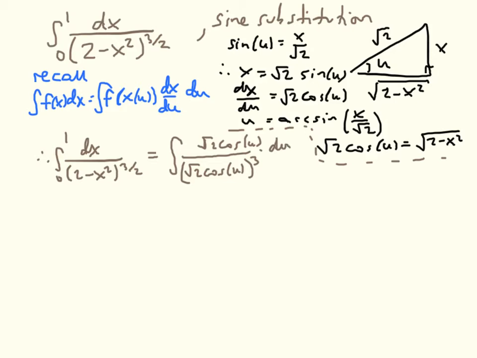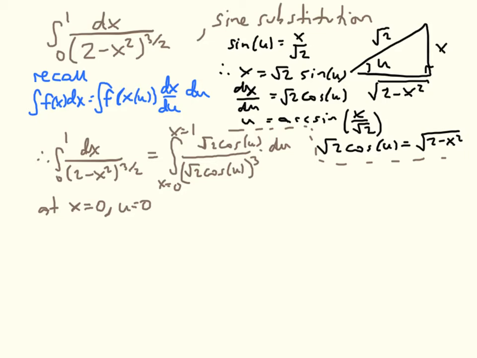Now this is a definite integral, integrating from 0 to 1. So here we're going to be integrating from x is 0 to x is 1. Now at x is 0, we have u is 0, since u is the arcsine of x over root 2 and arcsine of 0 is 0.